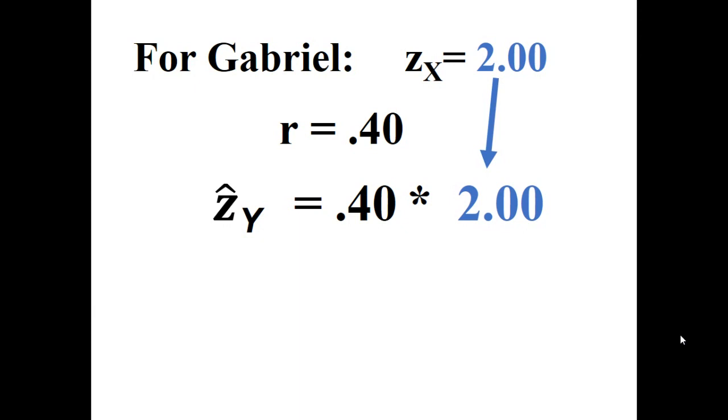That's what, 97.5th percentile. So we substitute that into the formula. And then we just do the algebra. And we get that the predicted value of z of y is 0.80. So 0.80 is Gabriel's predicted z-score on the final exam. Okay.